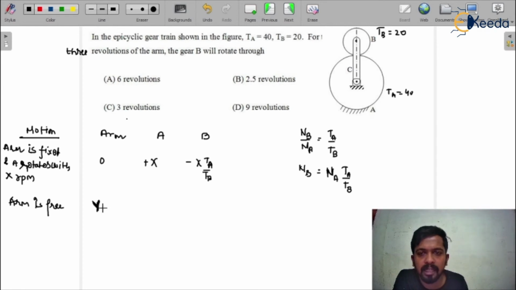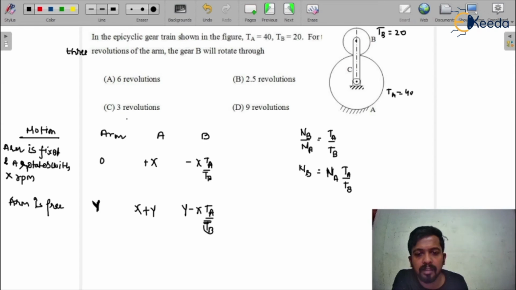You must draw the table in general form and then put in the values given in the question, and finally you will get the answer. Don't try to put the values directly here; it would cause a mistake. So here the arm rotates with y rpm in the clockwise direction, I'm assuming. It would be x plus y, and that is y minus x Ta upon Tb.